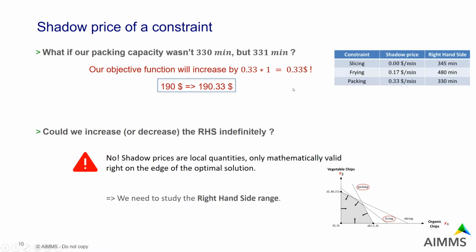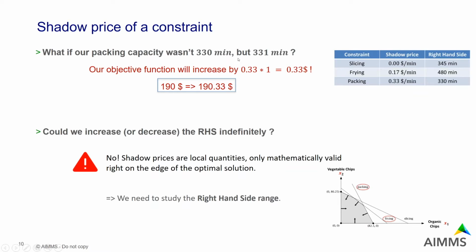Well, yes, but to what extent can we increase this right-hand side or decrease it? Actually, there is a limit which is called the right-hand side ranges. Normally in a real sensitivity analysis, you would study the shadow price as well as the right-hand side ranges, because shadow prices are local quantities that are valid only on the edge of the optimal solution.